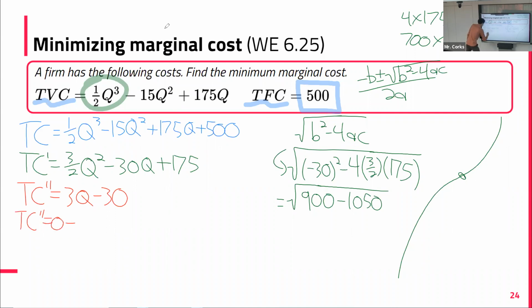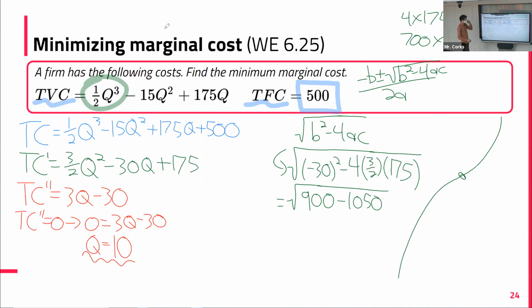So 0 is equal to 3Q minus 30, and this is really easy now. Q is 10. Okay, so that's where the minimum marginal cost is happening.